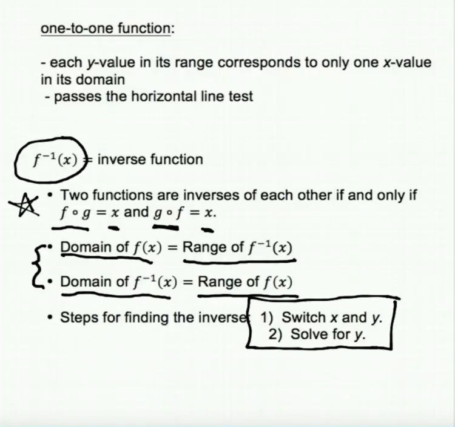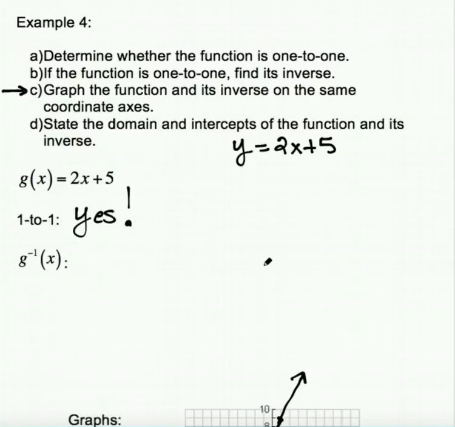So let's go back to our example. We have y equals 2x plus 5. Remember, g of x means y. So I'm going to switch x and y, so that's going to give me x equals 2y plus 5. Again, you just literally flip-flop where the x and the y are located.